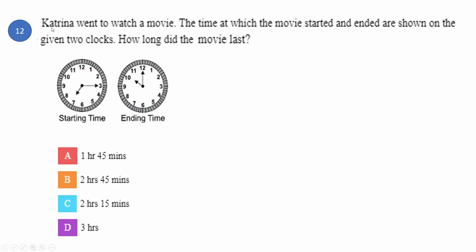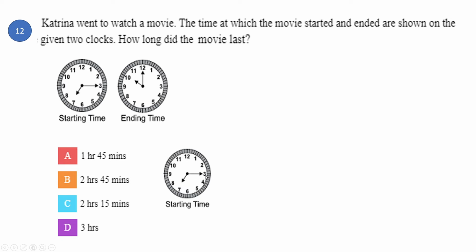Next question. Katrina went to watch a movie. The time at which the movie started and ended are shown on the given two clocks. How long did the movie last? Well, this would be an easy one. Here you have your starting time, which is 7:15.